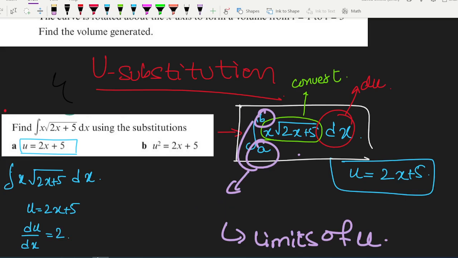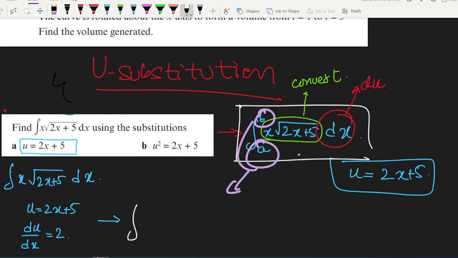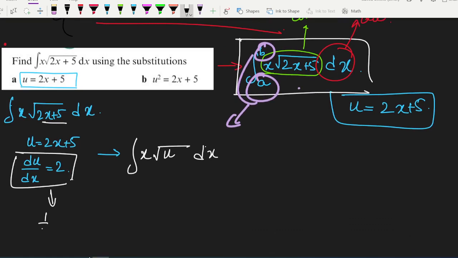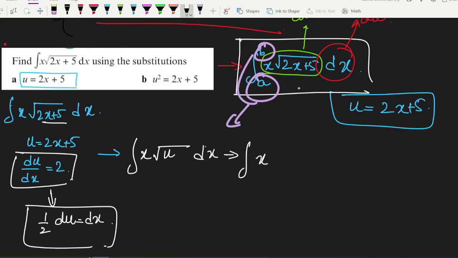Now once I have du over dx equals 2 and u equals 2x plus 5, I can start to convert things from x to u. So we write the integral, x under root 2x plus 5 becomes root u, and then dx. Now from this differentiation, we can write dx as 1 over 2 du.